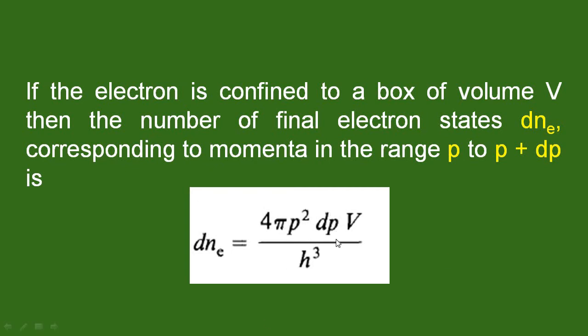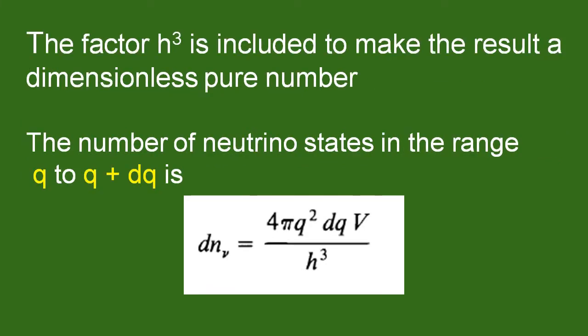So this has the dimension of volume. So if you are dividing by another volume, this will be a pure number with no dimension of momentum and no dimension of volume. That is why you are using such an equation. The factor h cube is included to make the result a dimensionless pure number.